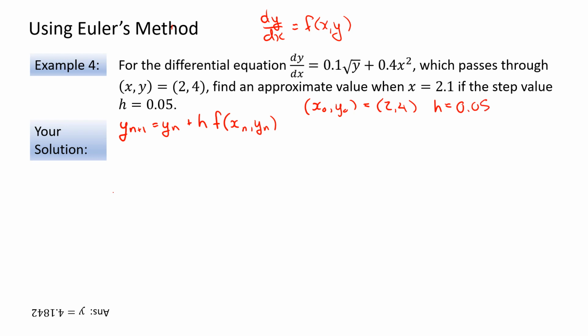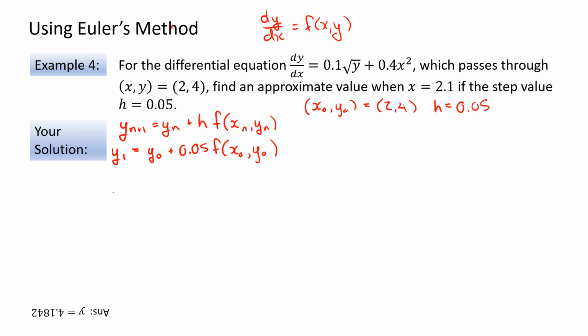So our first value to calculate is y to the n plus 1, which is 0 plus 1, or y1, is equal to y0 plus h, which is 0.05, times f at our first point, x0 and y0.